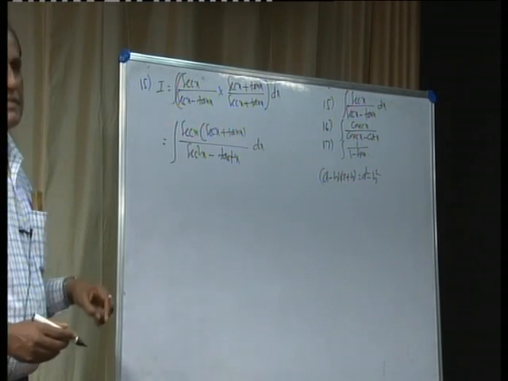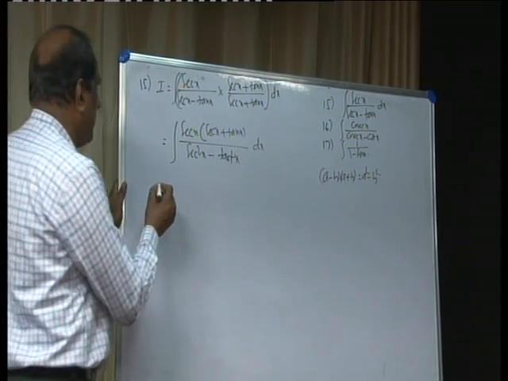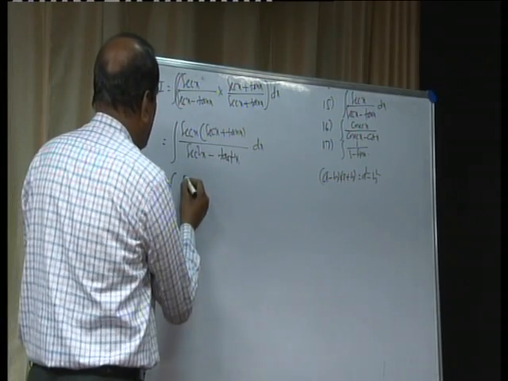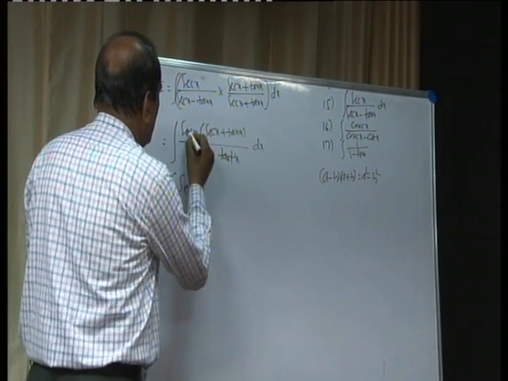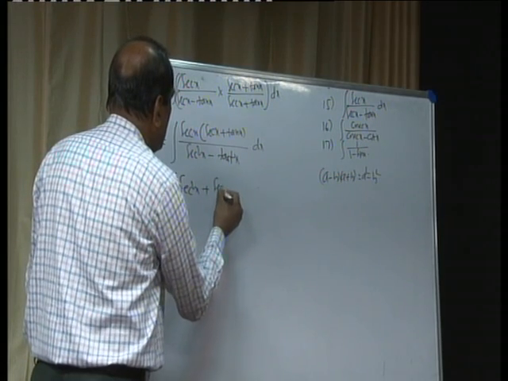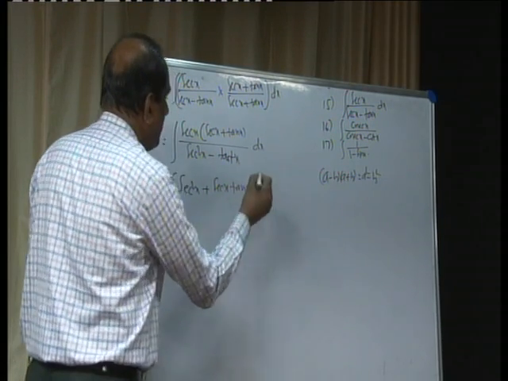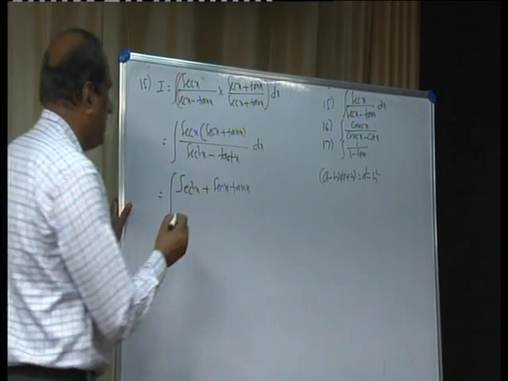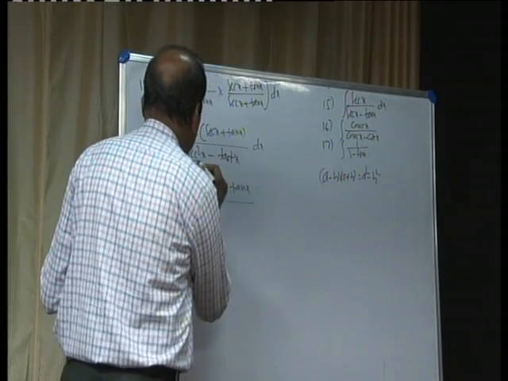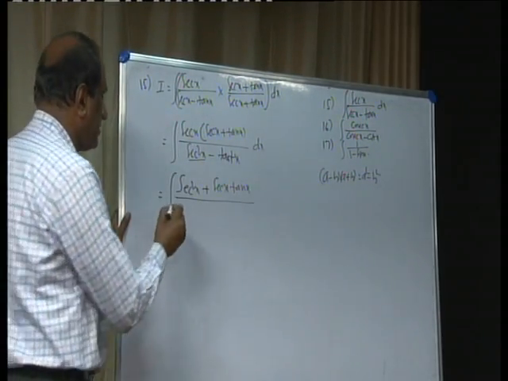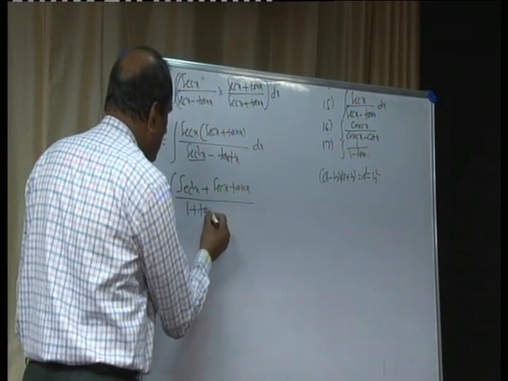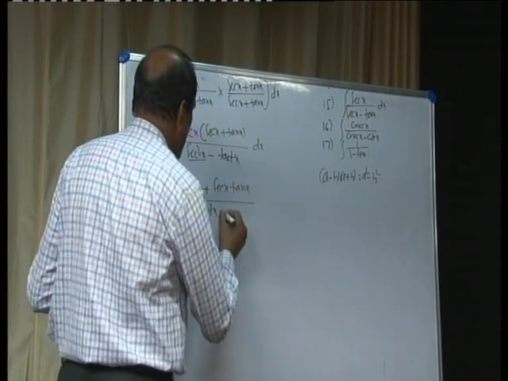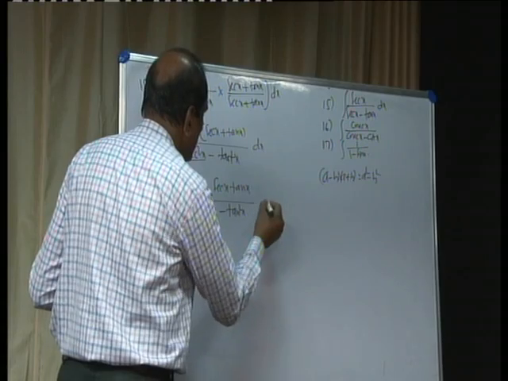So express the denominator in terms of tan square x. In the numerator, remove the bracket: secant x into secant x is secant square x, plus secant x tan x. The numerator simplifies to secant square x plus secant x tan x, divided by secant square x, which by the identity is 1 plus tan square x, minus tan square x, dx.